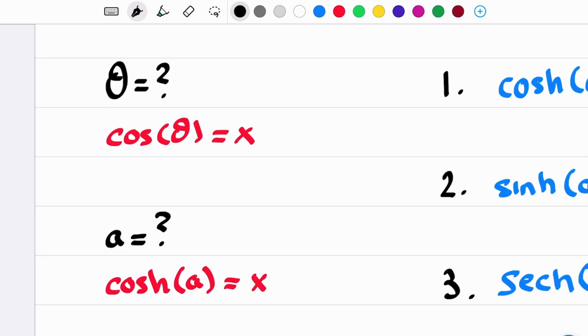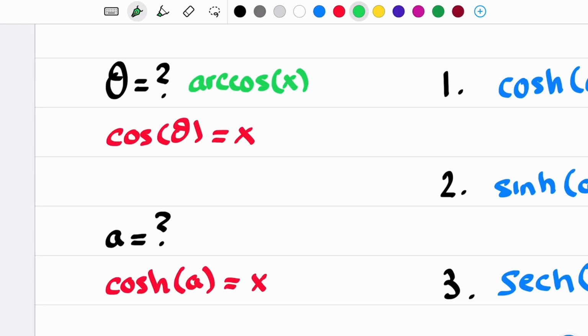So if we have cosine of theta equals x, well, we can apply the inverse of cosine to both sides to get, I'll do this in green, that theta is equal to the inverse cosine of x, or the arc cosine of x. And similarly, for our unit hyperbola, if we say hyperbolic cosine of some area is equal to some x value of our point, well then what is the area?